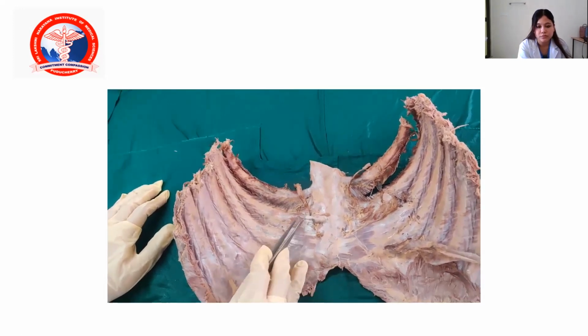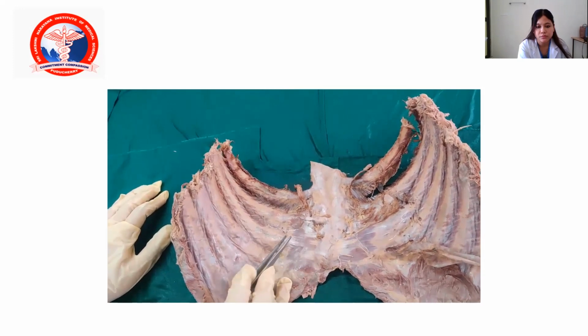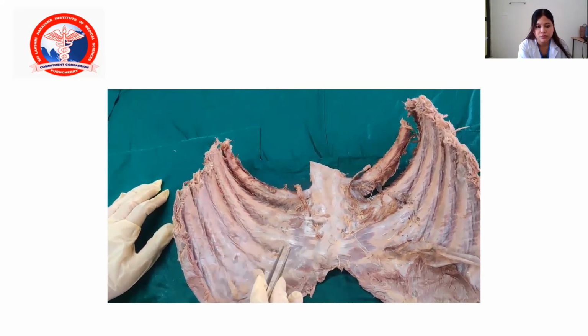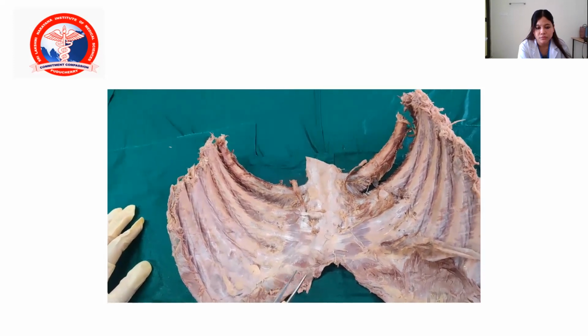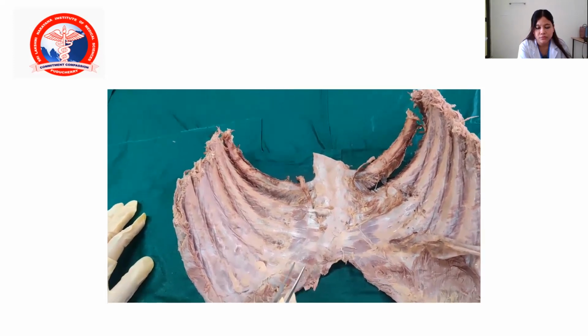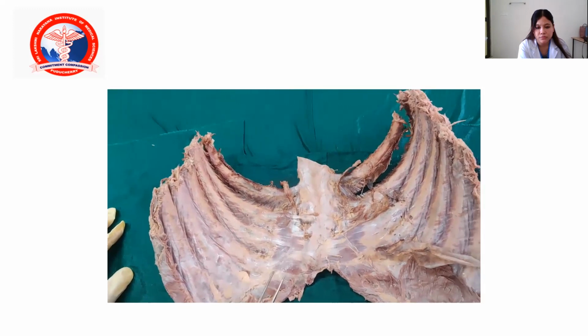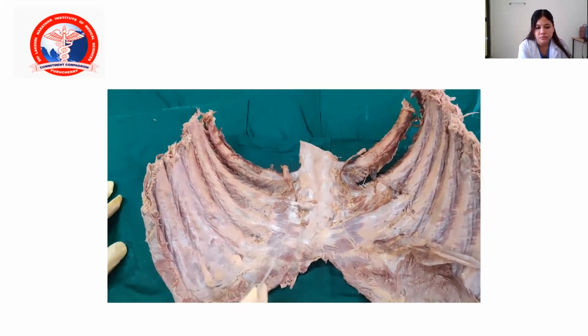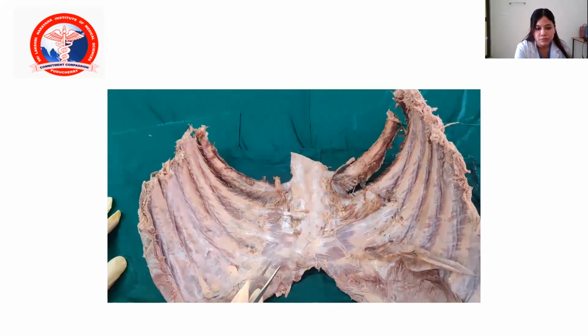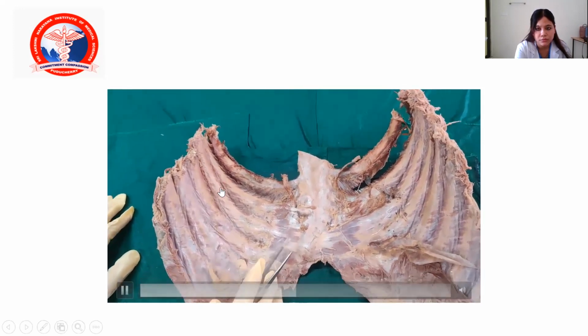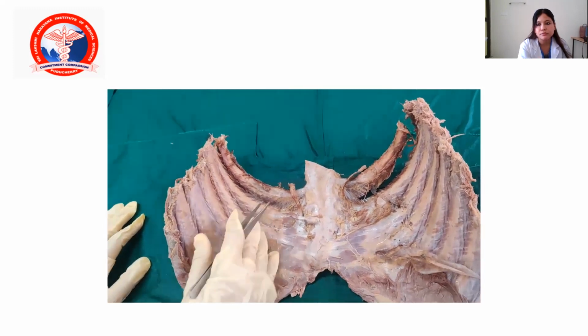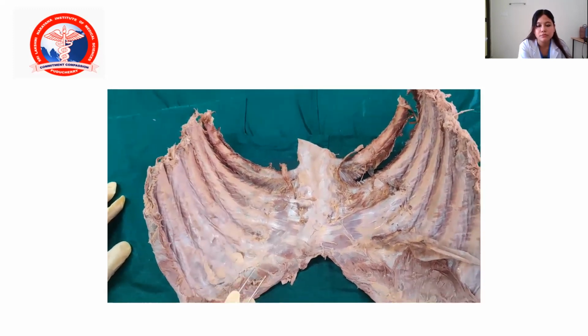Two anterior intercostal arteries to each space, except in the 11th and 12th, because the 11th and 12th are floating ribs. The spaces like this arrangement we will not see. Okay.